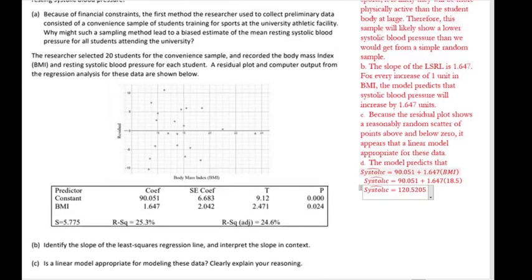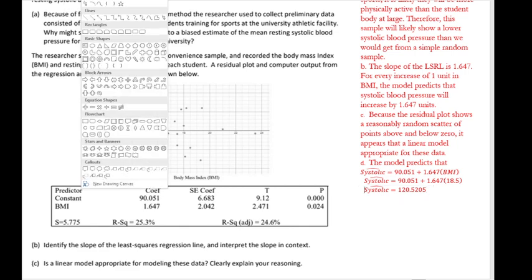And if we look at the plot here, so the BMI of 18.5, there's just one student who has that BMI there, and I am going to see if I can actually show. There we go.